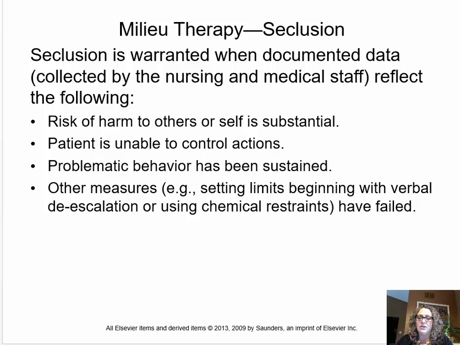You've tried using medications, the chemical restraints. So, for example, you've given them a shot of Haldol with Ativan, and then they continue to be at a risk of harming themselves. And then, again, you put them in seclusion to help them regain control, not as punishment.